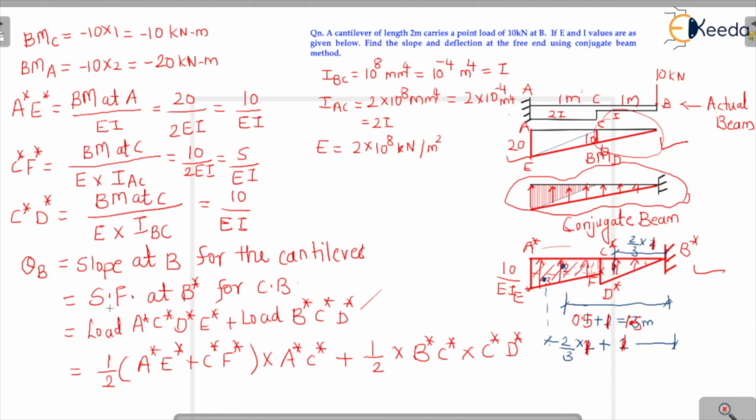Same for the deflection. Deflection for a cantilever beam is nothing but bending moment at this end B, so we calculate the bending moment. Here you should be careful while considering the CG distance. Then if there are no mistakes, we can get the correct solution.